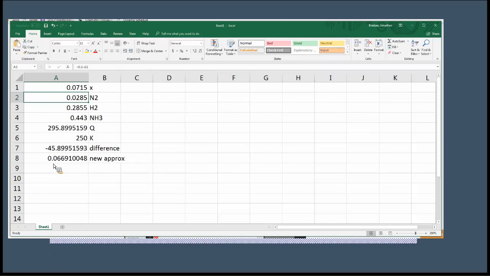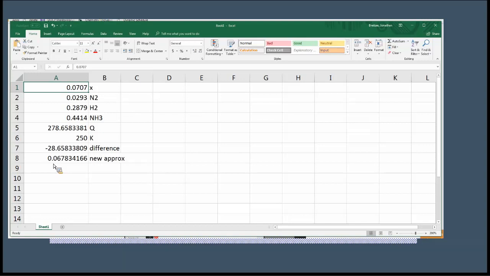And now Q goes down a little bit. My new approximation is 0.0669. Q goes down as well, and so on. 0.0707 now. Q's now a little bit too high, but that's okay. It looks like it will eventually converge.